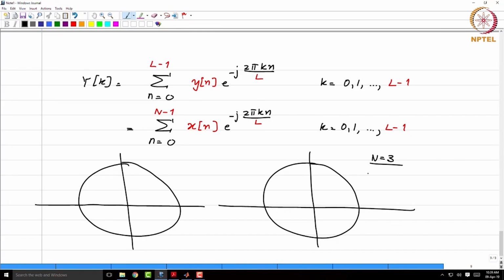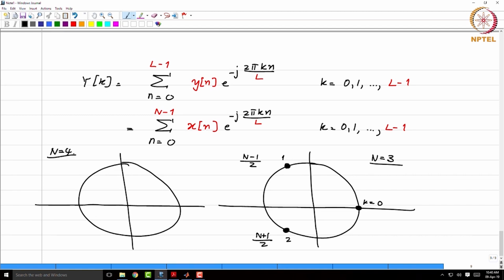Here the spacing is 2 pi by 3. So this is 0, this is 1 and this is 2. So this is k equal to 0, 1 and 2, and in general this point will correspond to N minus 1 by 2 and this point will correspond to N plus 1 by 2.